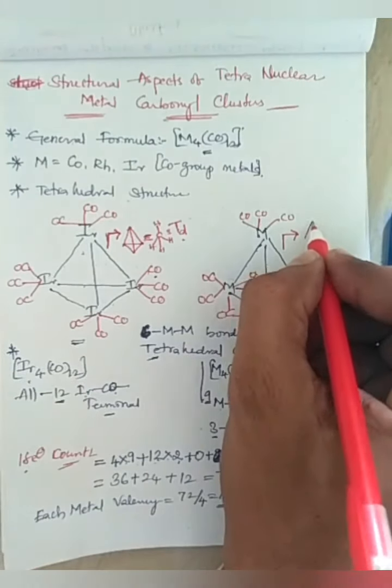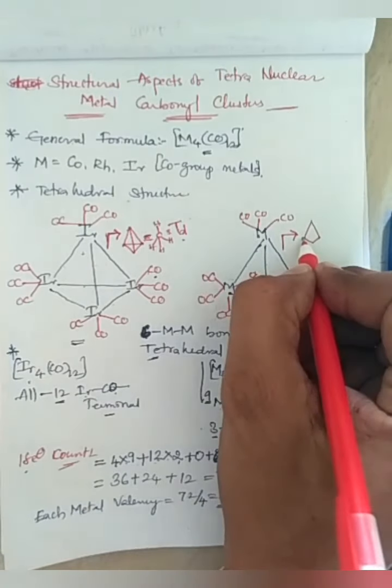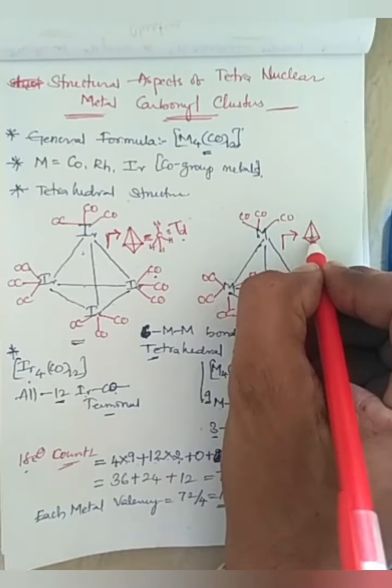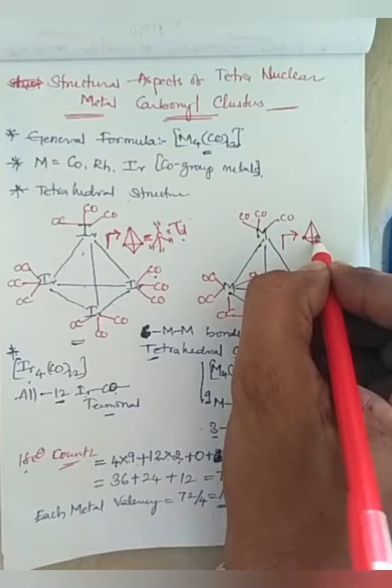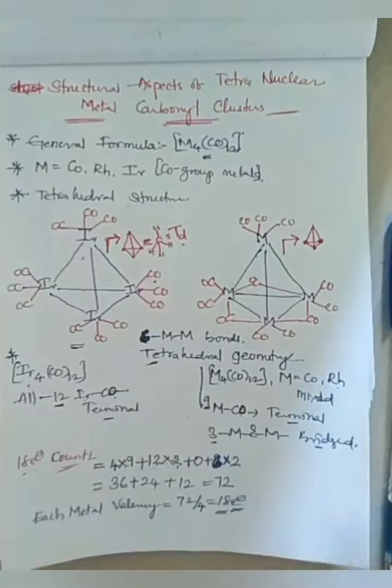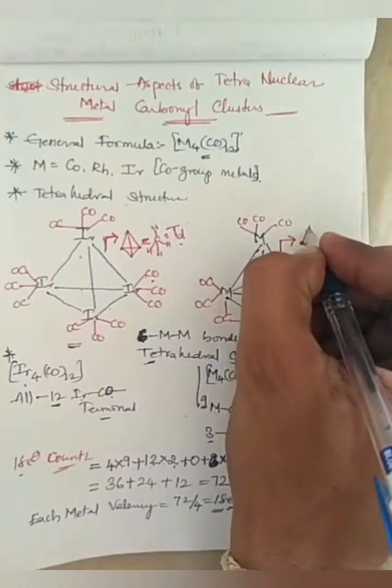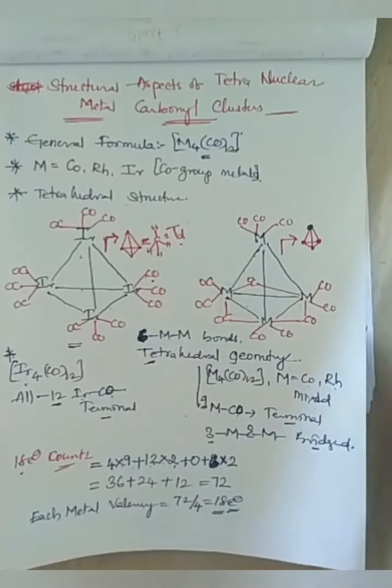In the tetrahedral structure, the first 3 sides count as the same, but the fourth side is different from the 3, right?